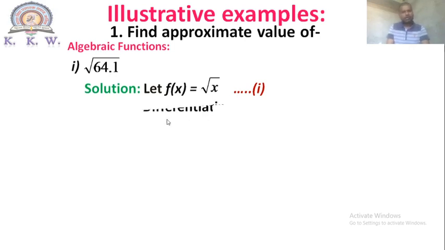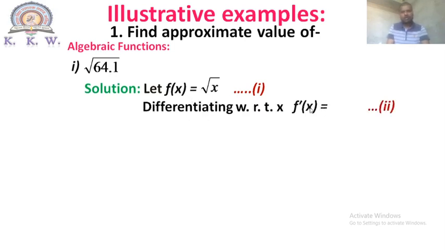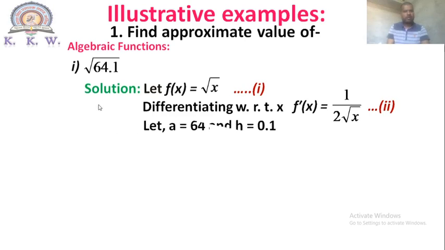Differentiating it with respect to x, we get f dash of x is equal to 1 upon 2 root of x. Now we are going to find the values of a and h. Find the value of a such that it is very near to 64.1 and you can easily find its square root. Therefore, the value of a is 64 and h is 0.1.